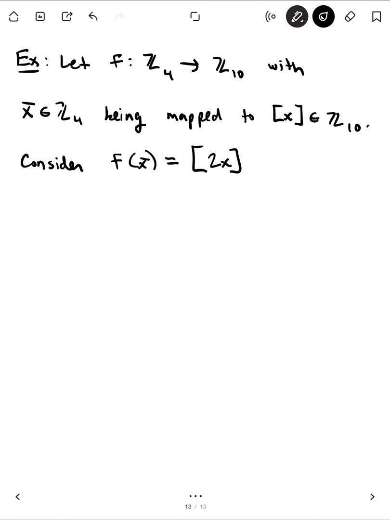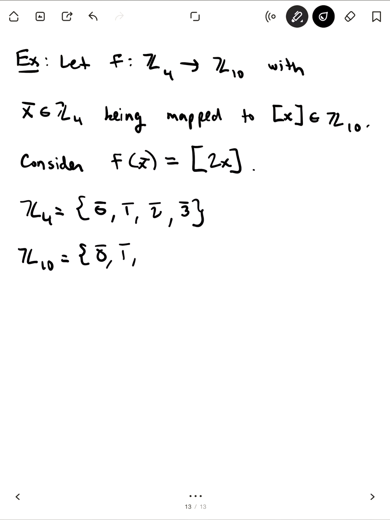Okay, so if we just write things out, remember Z4 is going to be just 0, 1, 2, 3. And Z10 is going to be 0, 1, 2, all the way up to 9. And remember, each of these are equivalence classes.